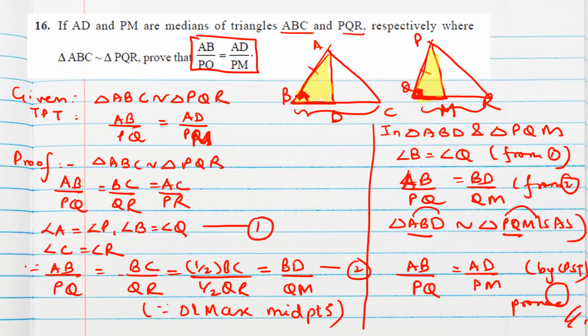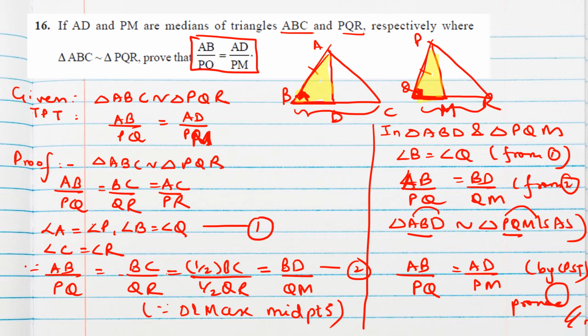So if you see, this is the converse of question number 13. There all the sides are in equal proportion with the median, so we have to prove the triangle similarity. But here triangles are similar and the sides and medians are in ratio. So see, this statement or result we can use vice versa.